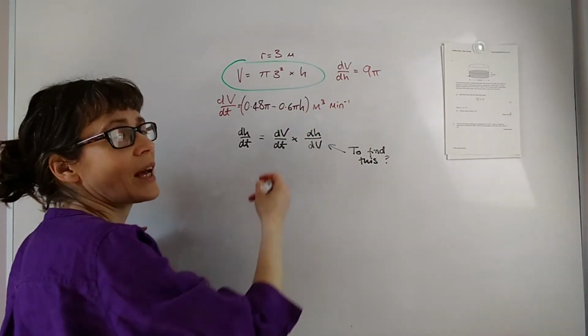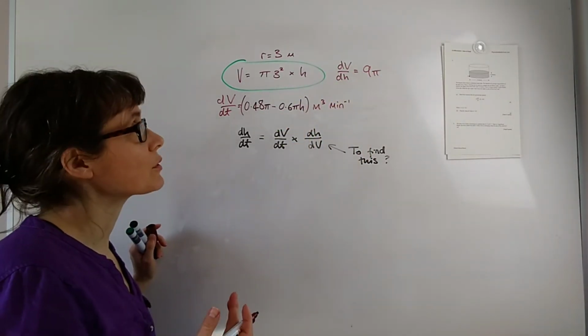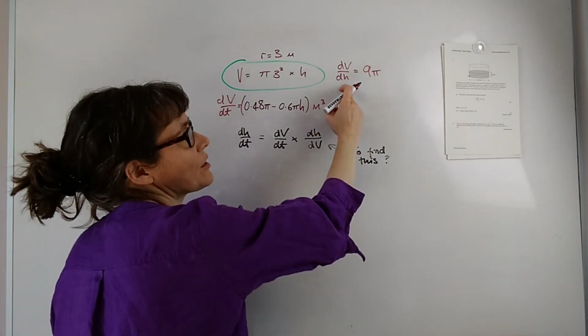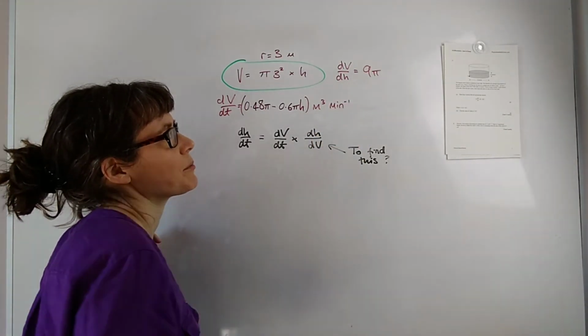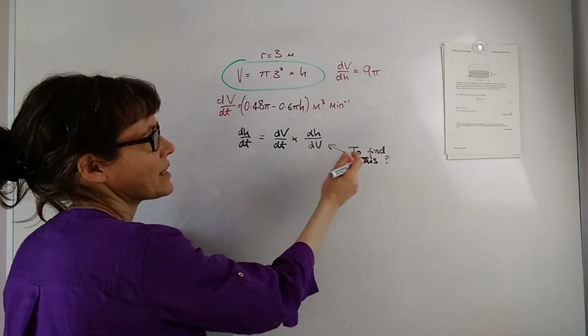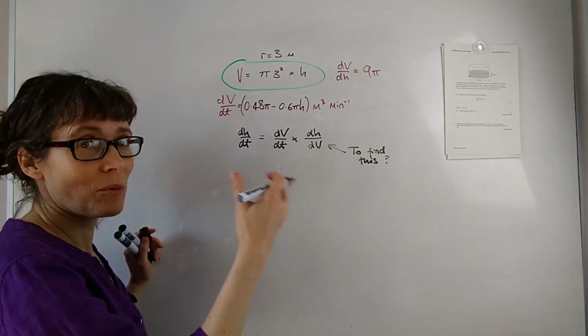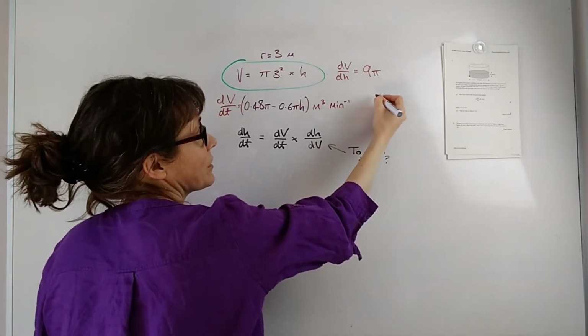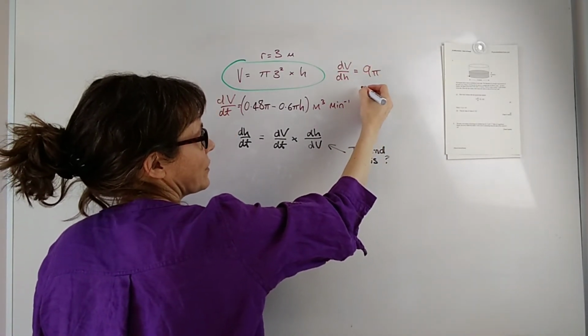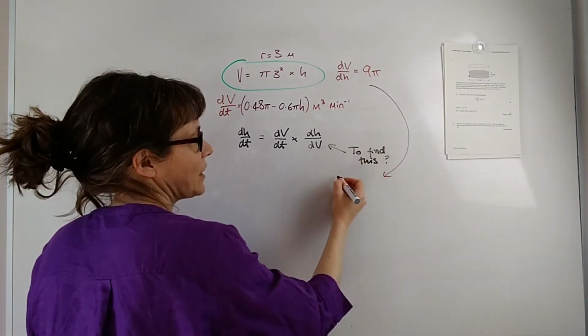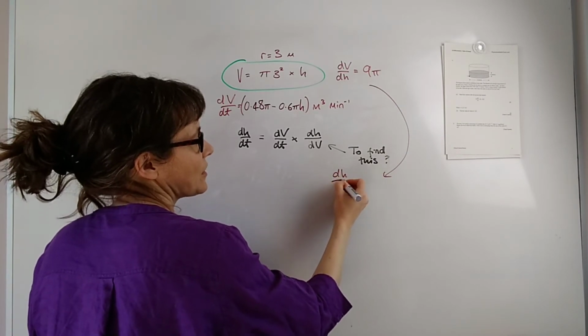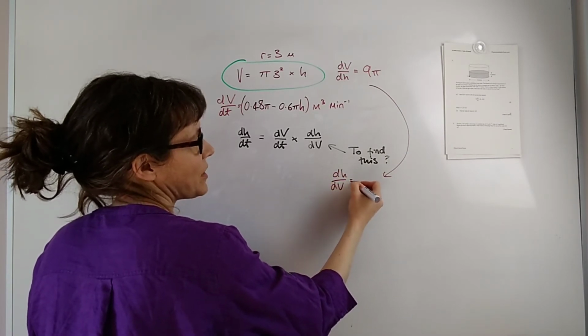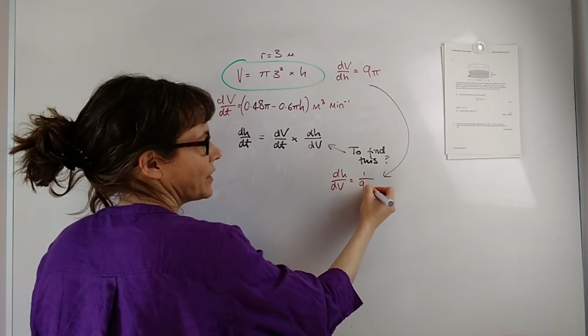And what that means is dH/dV, remember we can flip them as well, just like fractions. If I put this down here, dH/dV is just the same thing upside down, 1 over 9 pi. So we just flip the fraction to the reciprocal. Okay, so let's plug this all back in and see what we get.